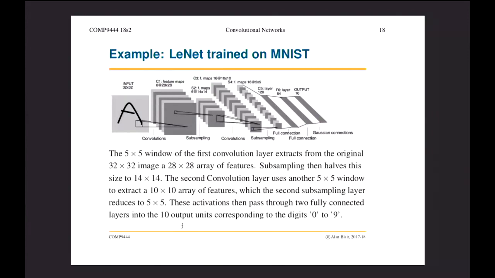So a node here, right, each node here corresponds to only a 5 by 5 portion of the original image, but each node here corresponds to a larger portion of the original image, and each node here corresponds to an even larger portion.